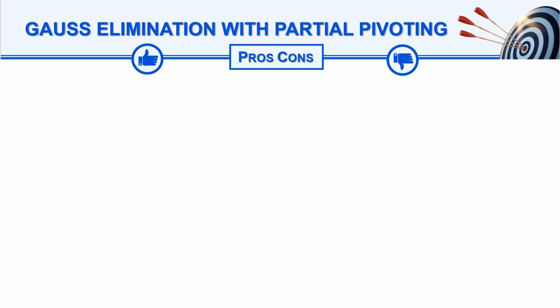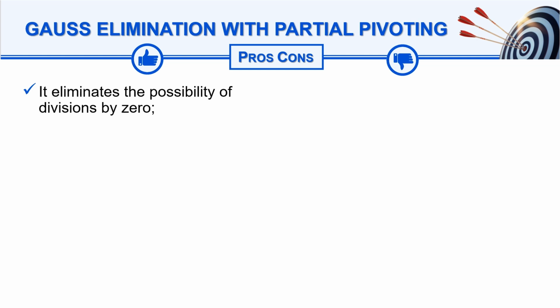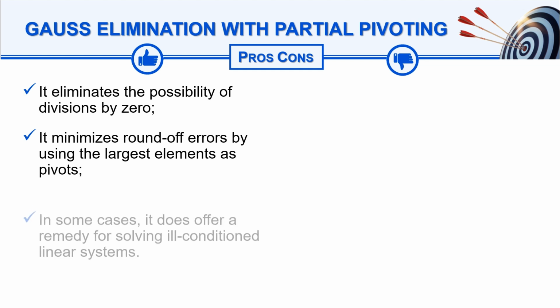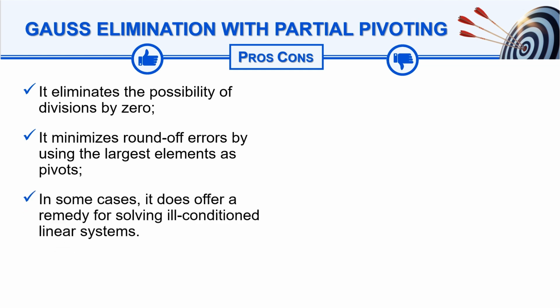Partial pivoting eliminates the possibility of divisions by 0. It also minimizes round-off errors by using the largest elements as pivots, which enhances the stability, accuracy, and reliability of numerical solutions. And in some cases, it does offer a remedy for solving ill-conditioned linear systems.